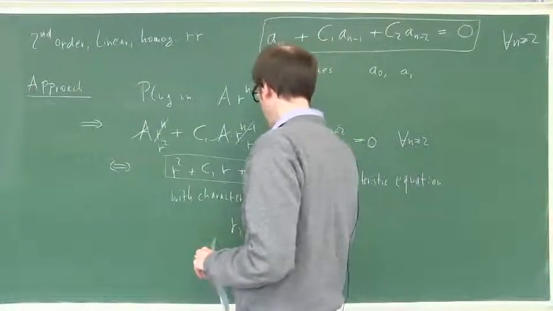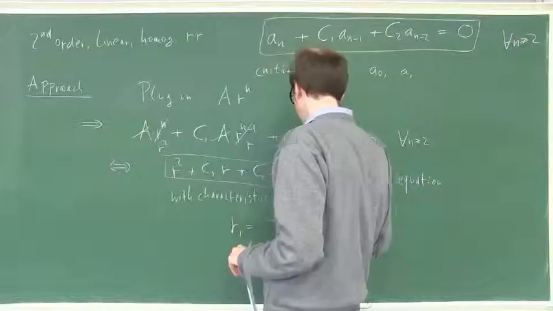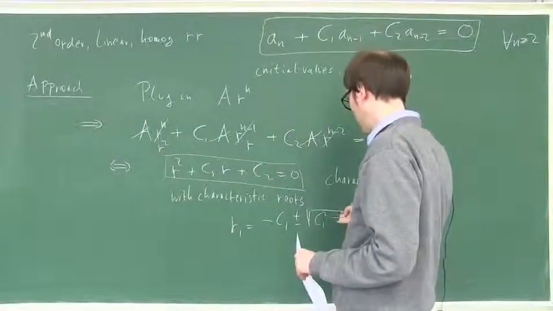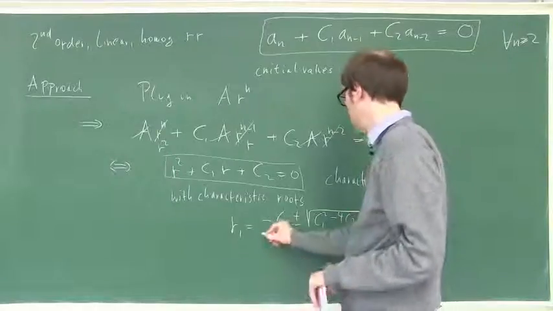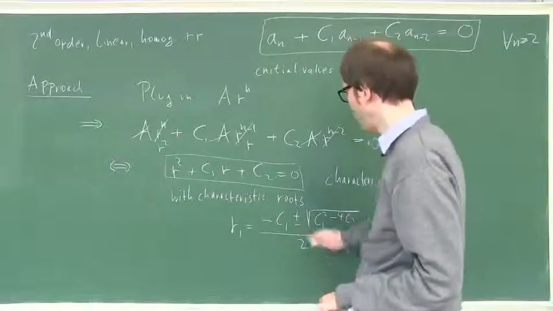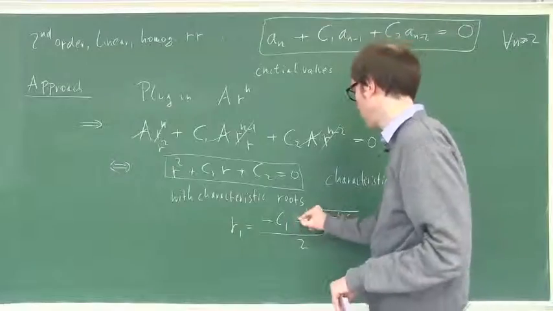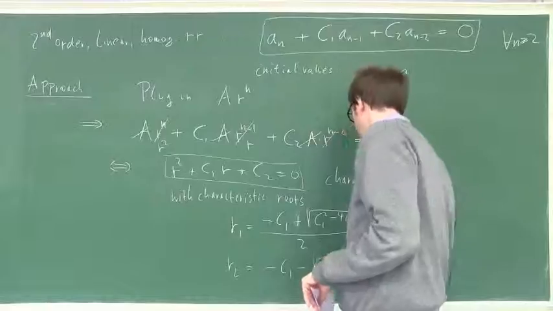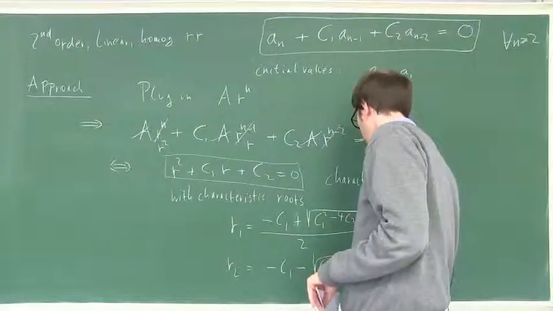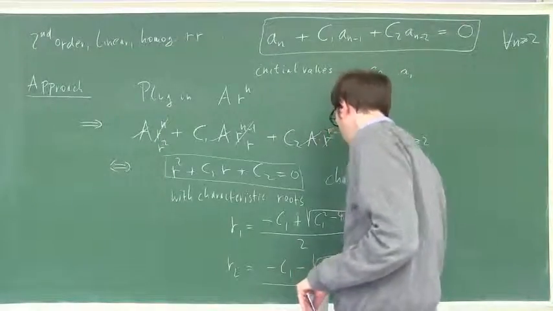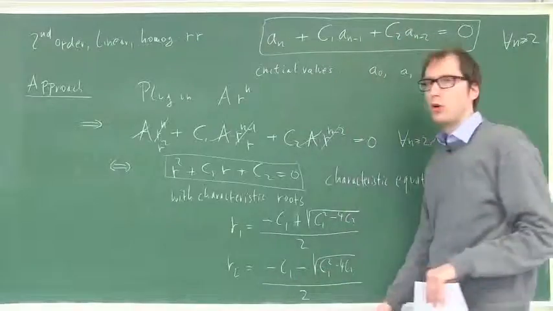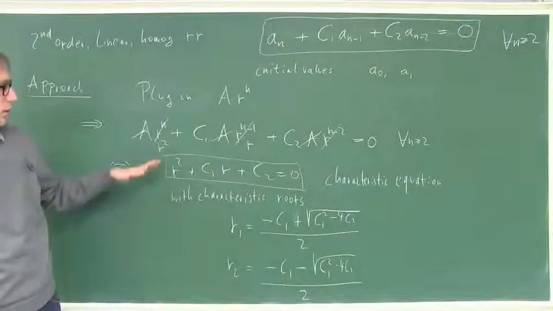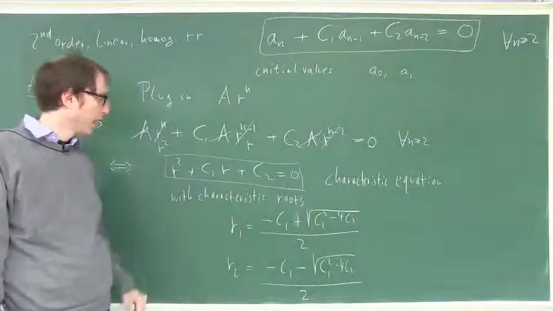So r1, which is... okay, and so let's say this is a plus case. This is a minus case. In any case, here we see that this is also called of order 2 because this is an equation of order 2.